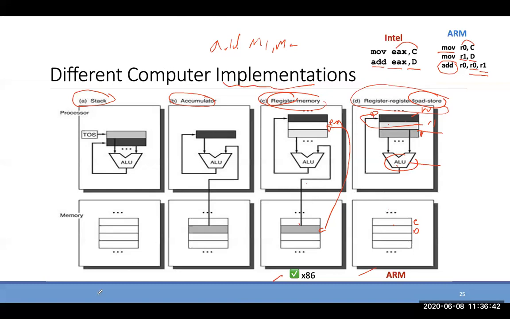You have to do it yourself. You're not going to expect the CPU to go and fetch it. Like here, if you say D, x86 is going to fetch D from the memory without your help. But right here, no, you have to do it yourself as a programmer. You have to move it to the CPU because the architecture is designed to work in that way. All right?